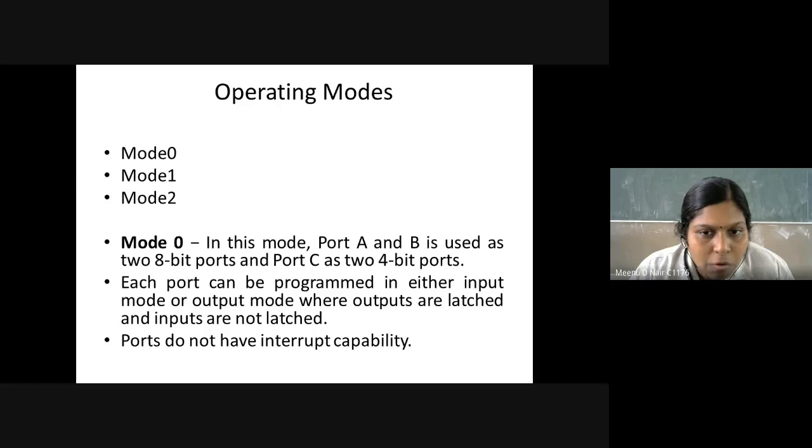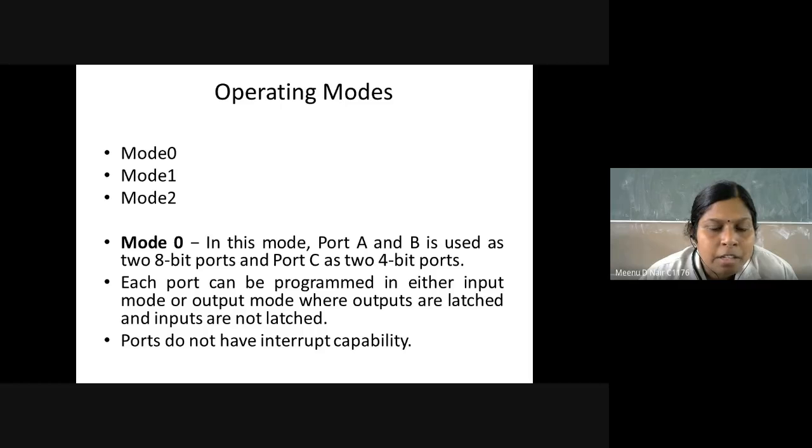In the mode 0 operation, port A and B are used as two 8-bit ports, and port C acts as two 4-bit ports, what we saw in the starting when discussing the ports available in the 8255.